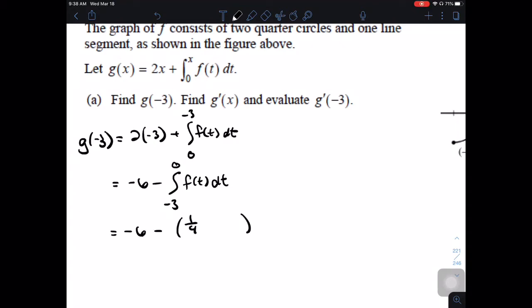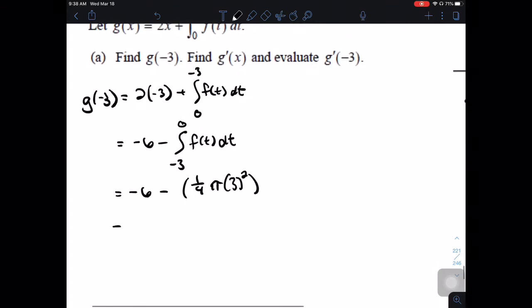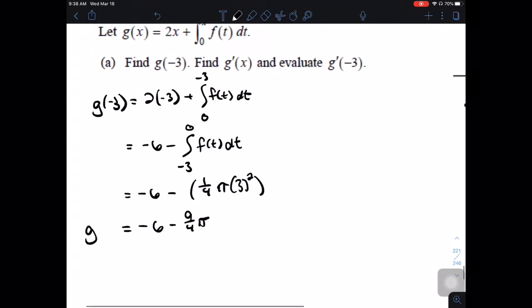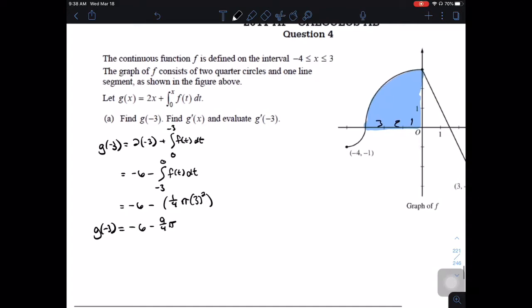The area of a circle is pi r squared. The radius of this circle is 1, 2, 3. So that's going to give us -6 minus 9/4 pi. That is what g of -3 is. We weren't given any type of units, so we'll just leave it like that.